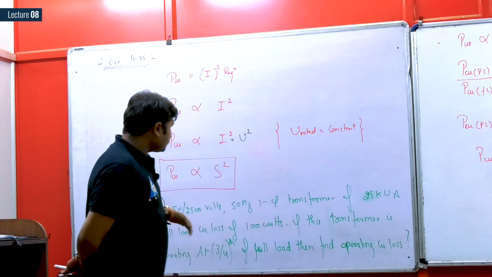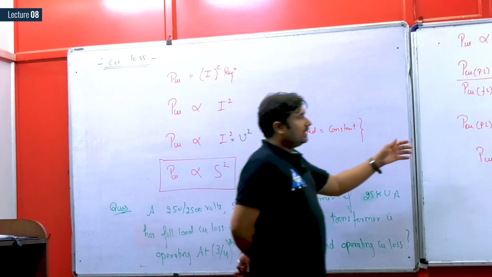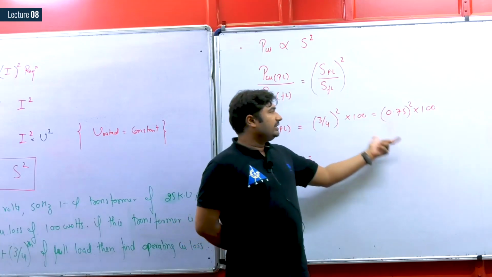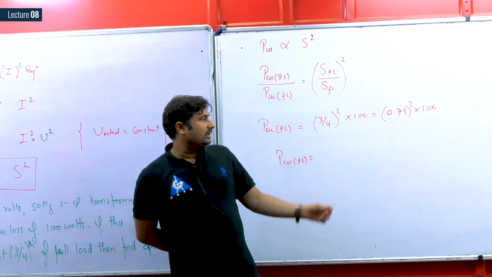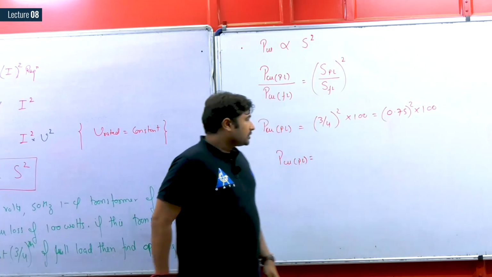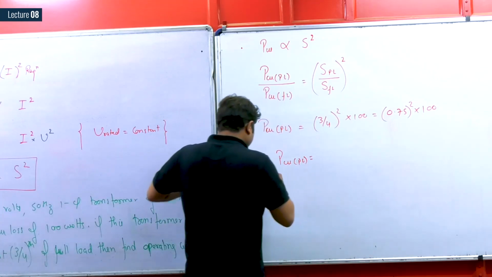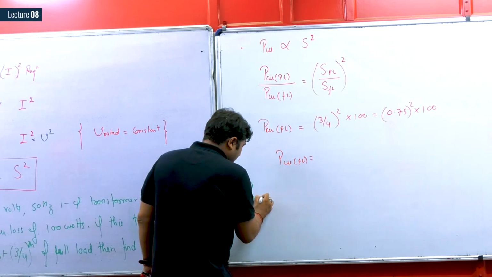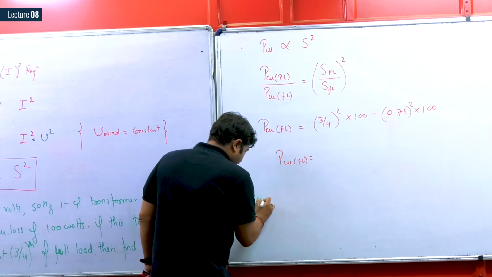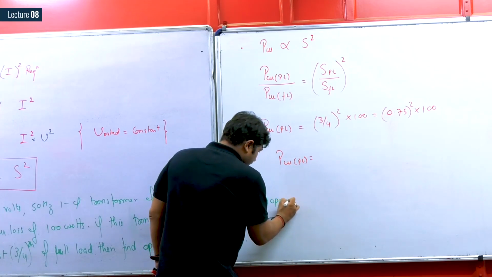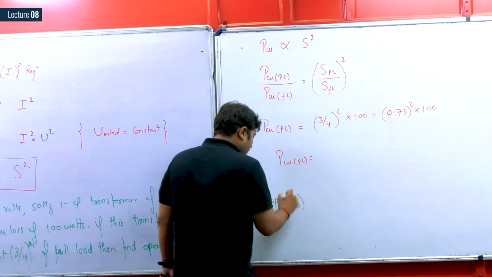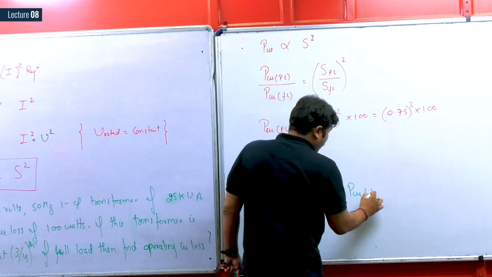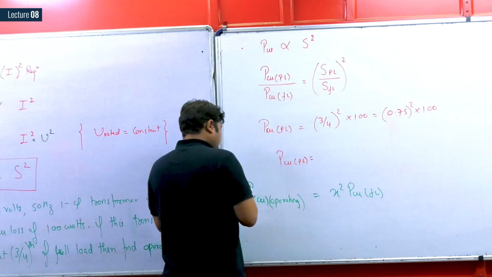Okay. So we can easily calculate the copper loss under the operating condition. If we know the full load copper loss, then under any operating condition we can easily calculate the copper loss just by multiplying by the loading factor x squared. So I am just writing in formula format: operating copper loss is equal to x squared times the full load copper loss, where x is the loading factor.